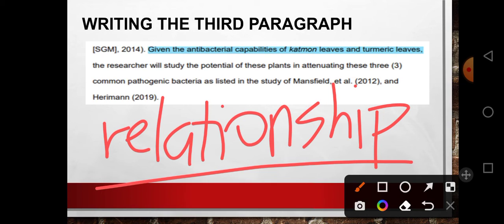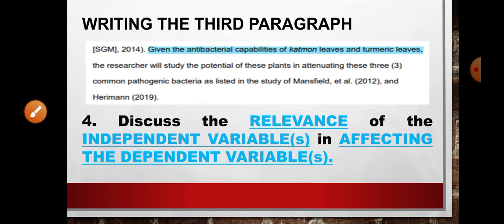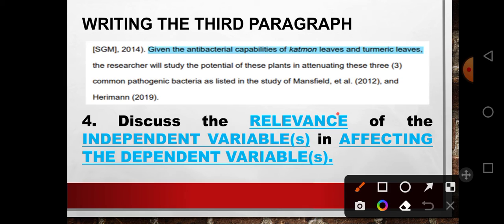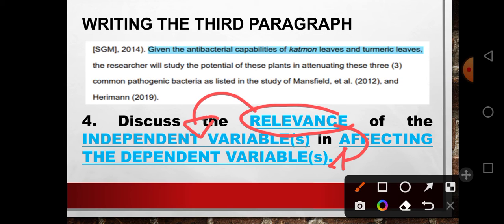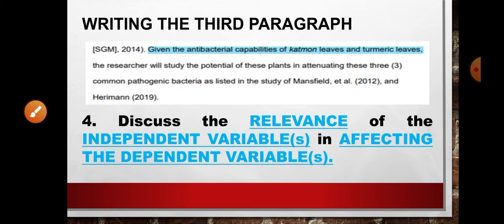Therefore, class, in the last part of our third paragraph, we must discuss the relevance of the independent variables in affecting the dependent variables. And this relevance pertains to the relationship between these two variables. So in short, this last part will serve as the conclusion of the paragraph. That will be our fourth guideline.